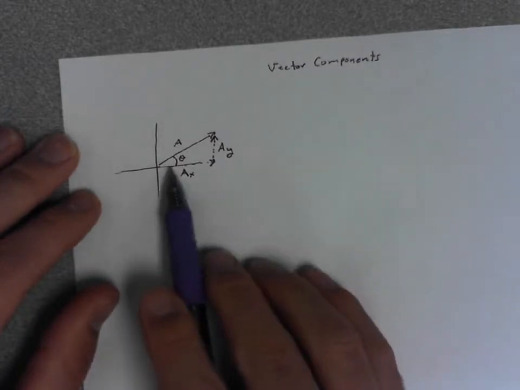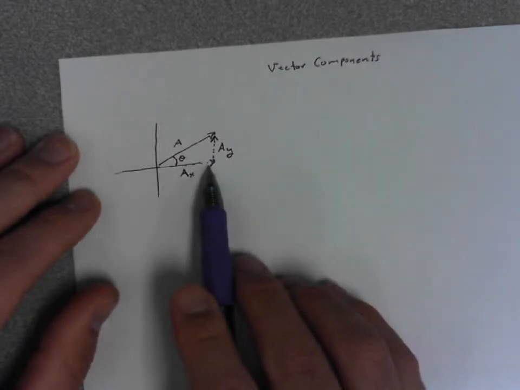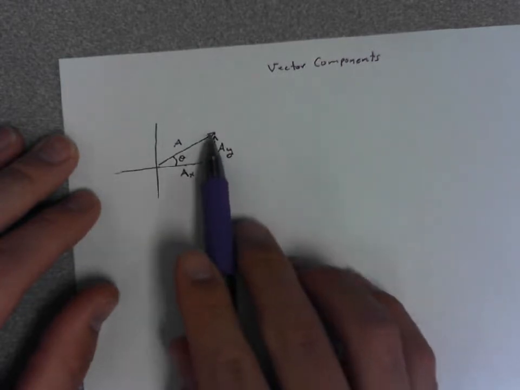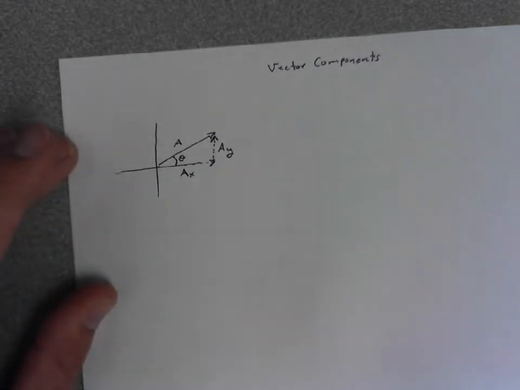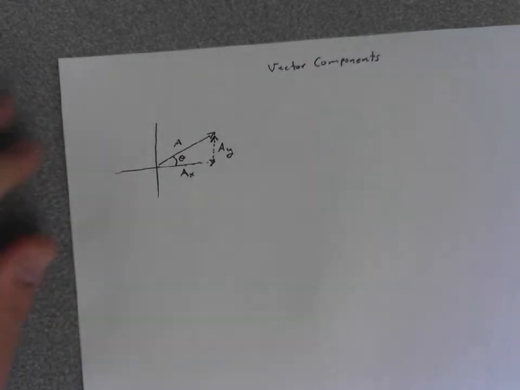I label this side X because it's the horizontal side and it's lying along and is parallel to the x-axis. My AY is vertical, and it is parallel to the y-axis. So that's why I'm using x on that bottom side and y on that right side.